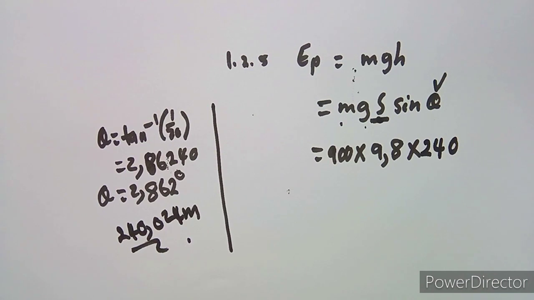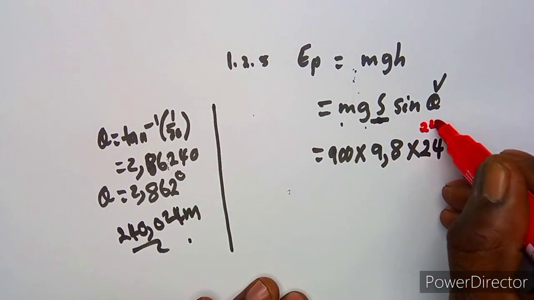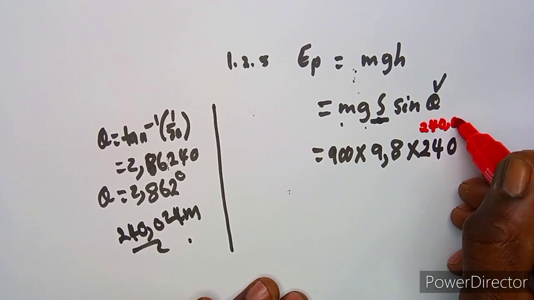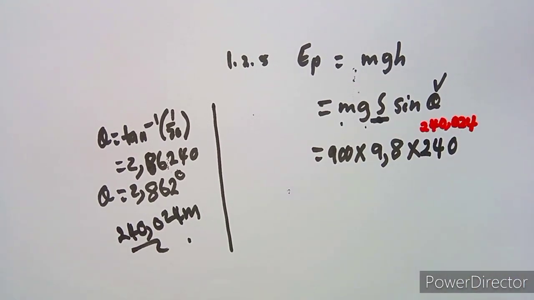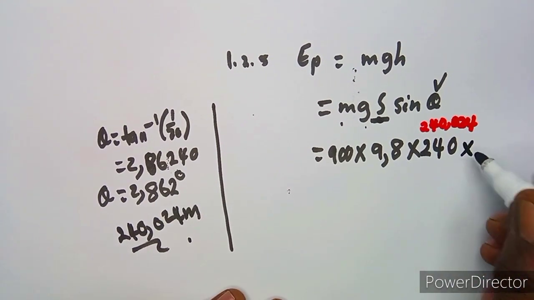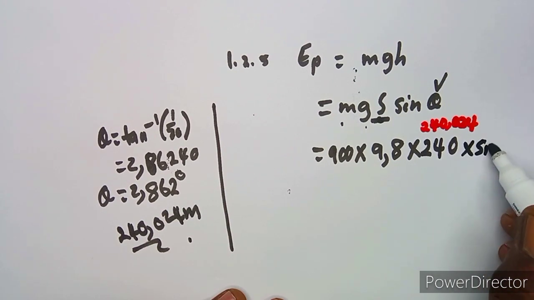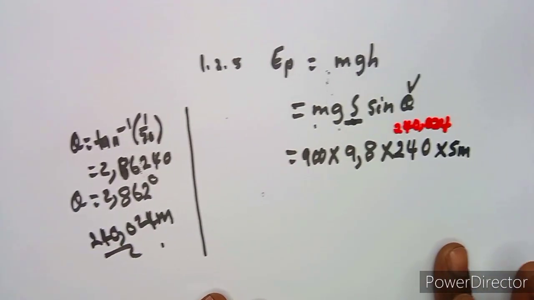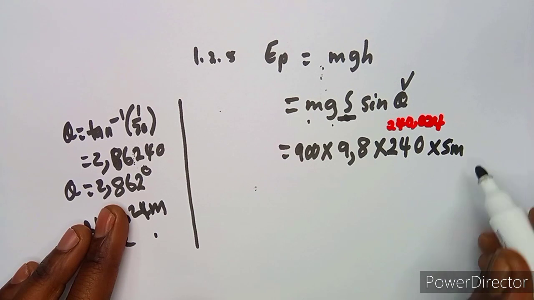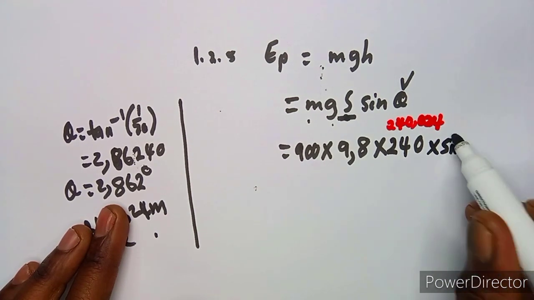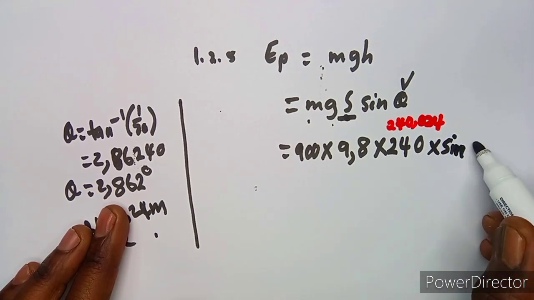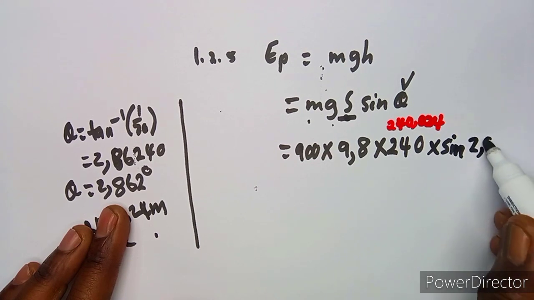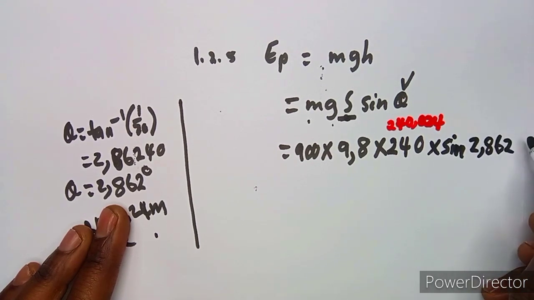Let me see what I can do here. Like I'm saying, you can use 240.024. So it's going to depend, times sine theta, which is the sine of the angle that we just obtained, 2.862 degrees.